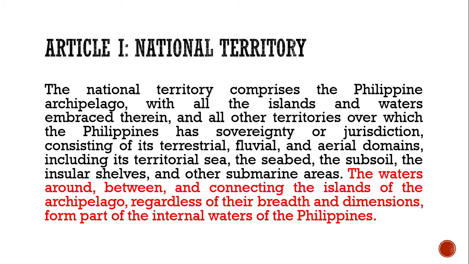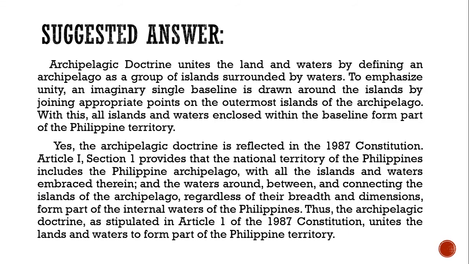So combining all of these concepts that we have learned, using the ALAC method, this is my answer. It's quite long. It's up to you whether you want to make it short and simple. You can do that one, but I just want to make it more comprehensive. So, archipelagic doctrine unites the land and waters by defining an archipelago as a group of islands surrounded by waters.